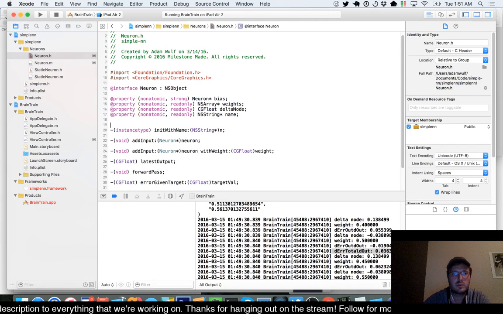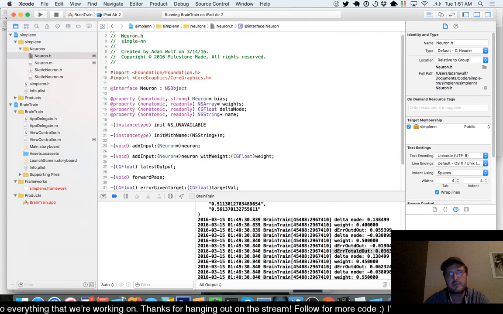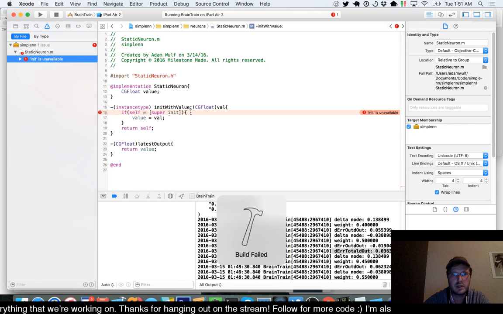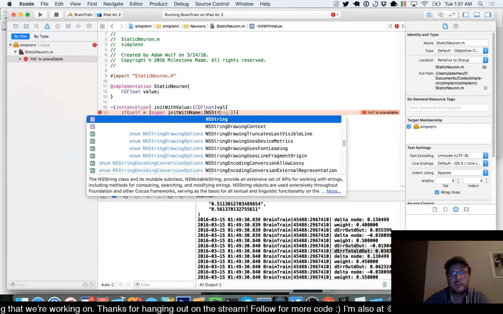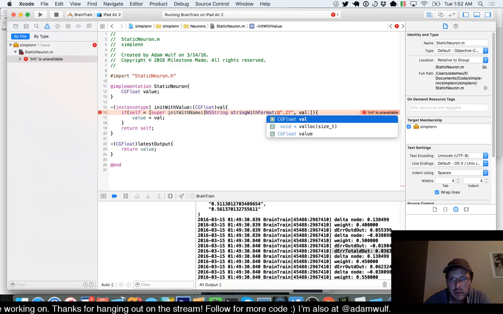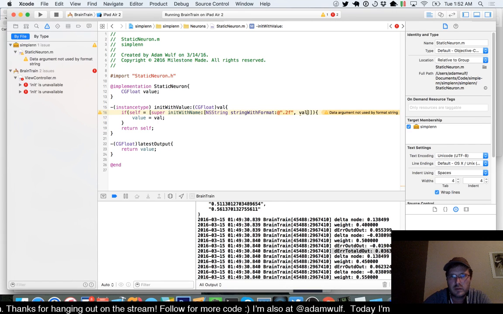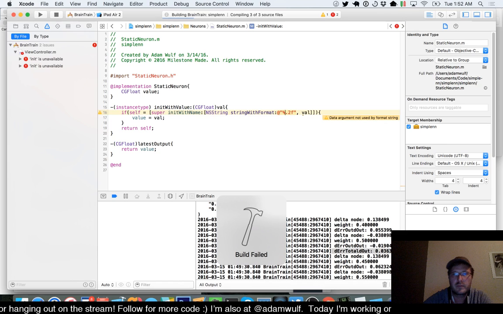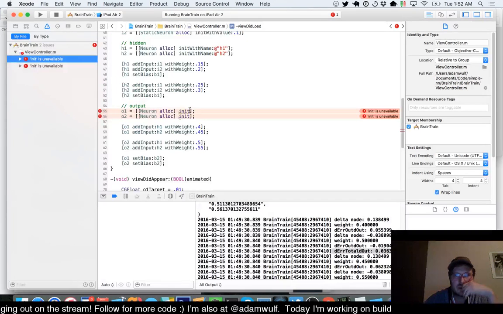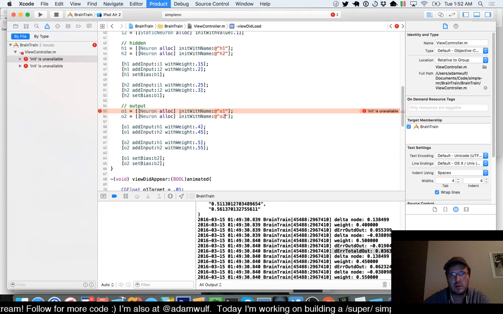And now we also want to do this, so we know that it's dead. There we go. And then here, init with name 01 and init with name 02, right?